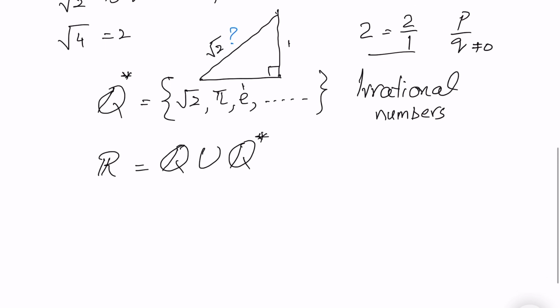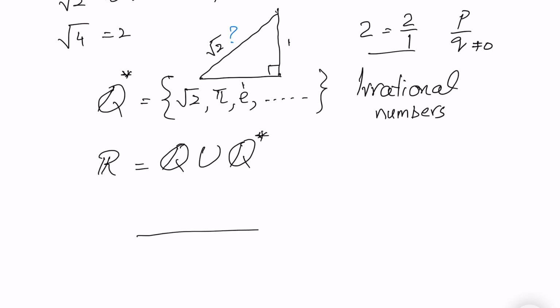And now we can draw a straight line. Before that, we had just dots, getting closer and closer to each other. But now, with the real numbers, we have mathematically proved that the set of real numbers is connected and complete.